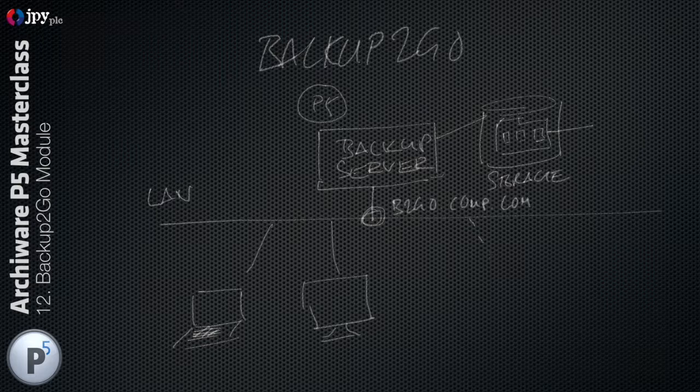If I draw a dotted line here indicating a wide area connection to a remote network, which could be somebody's home, could be anywhere, then machines located remotely can also back up to the same Backup2Go server.